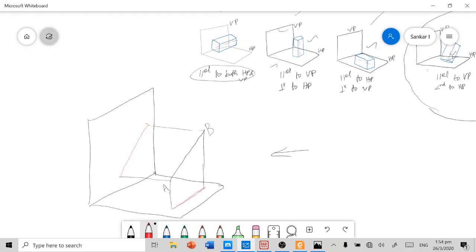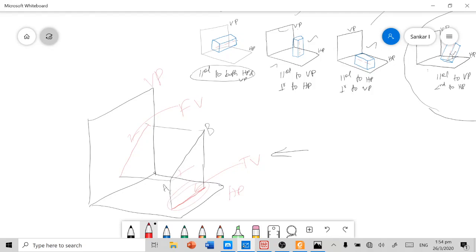So this is your top view, and that's your front view. In this way, based on the angle between the horizontal plane and the straight line, the length may decrease. So this is the orthographic projection concept we are following from the beginning.